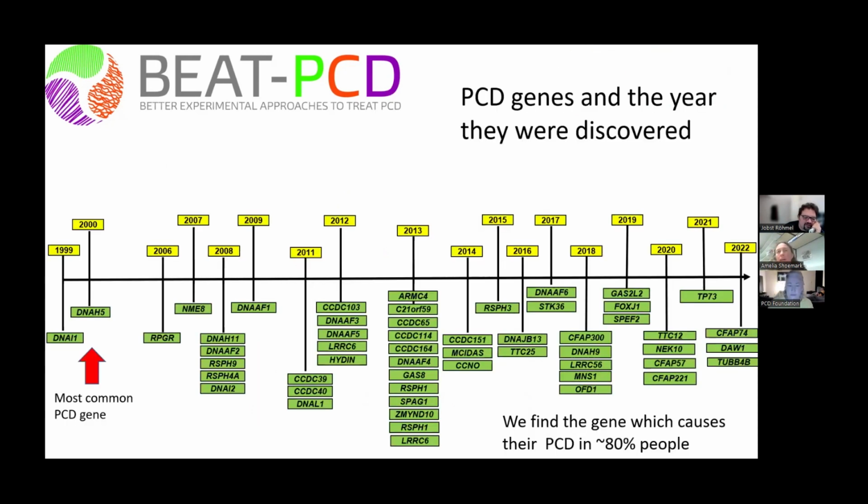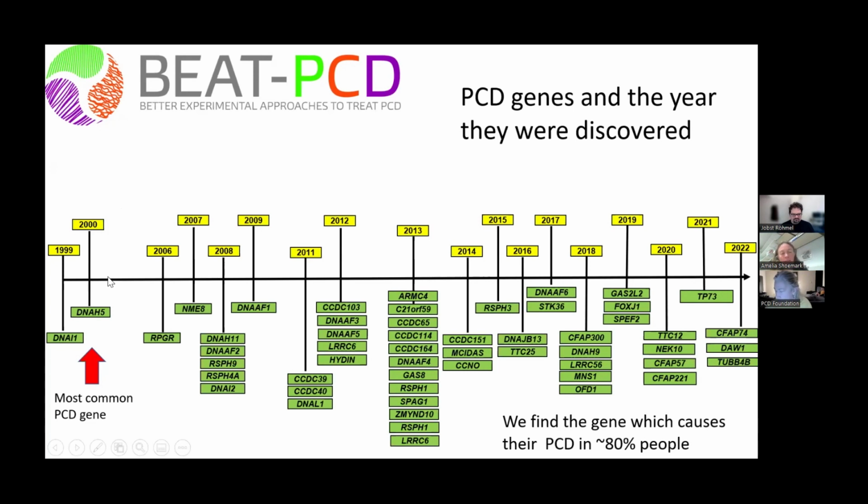We know about over 50 PCD genes now, and this is a little timeline of when they were discovered. So I started working doing PCD diagnosis in 2001, which is here, and at that time we knew about 2 PCD genes, and there was an awful lot of work that went into discovering those.